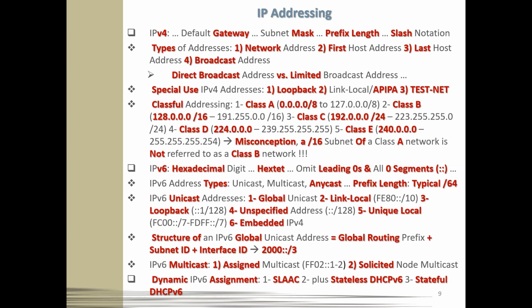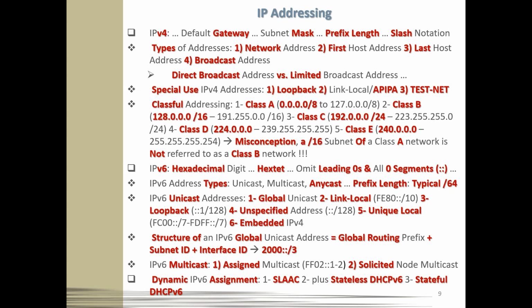However, unlike RFC 1918 addresses, the unique local IPv6 addresses are not intended to be statefully translated to a global unicast address, so we don't have NAT, and as a result, in IPv6, unique local addresses are only used within a site. And the last category is the embedded IPv4. IPv4 embedded is in fact an IPv6 address that carries an IPv4 address in the low order 32 bits of the address.